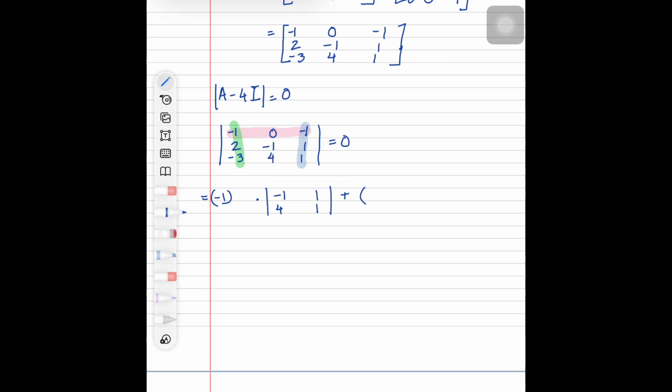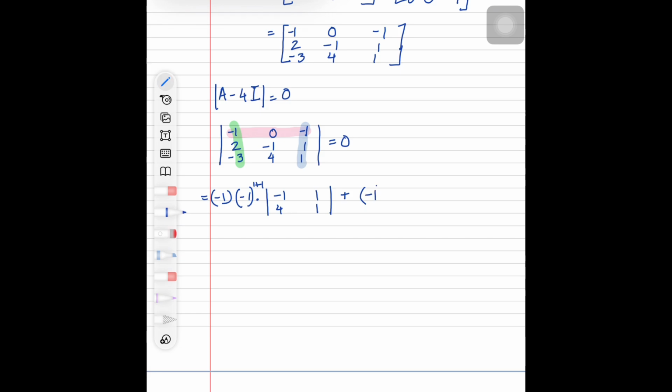So every time you do that, you have to multiply it with a -1 raised to the power row plus column. In this case, this is in row 1 and column 1. This would be 1 plus 1.